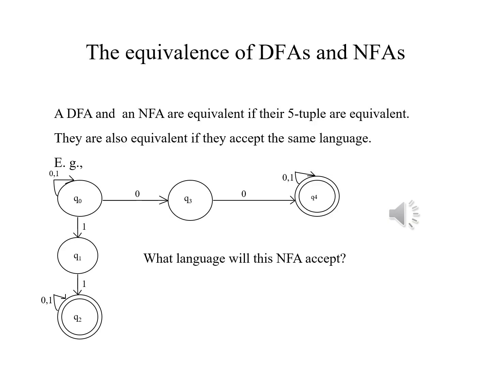If you take a close look at the NFA in this diagram, you'll see that I can either have a binary string followed by 2 zeros and then a binary string afterwards, or a binary string followed by 2 ones and then a binary string afterward.